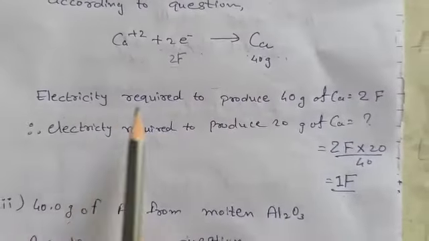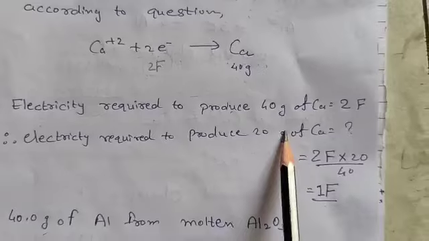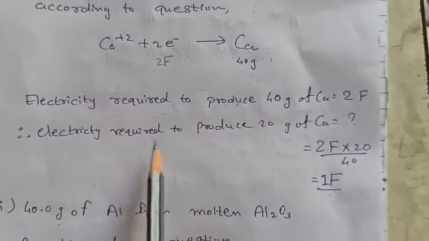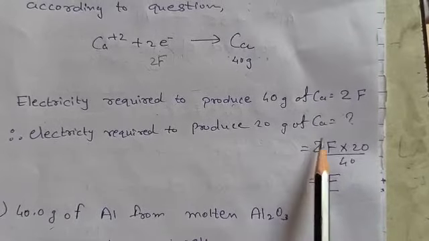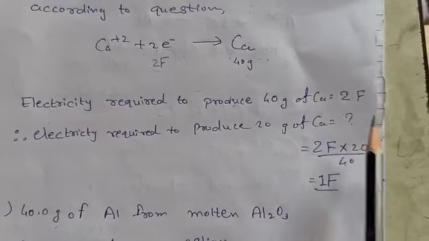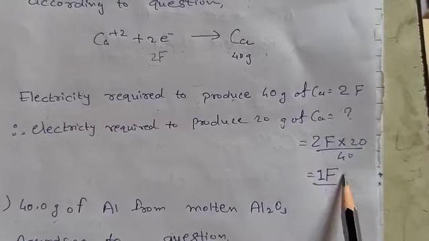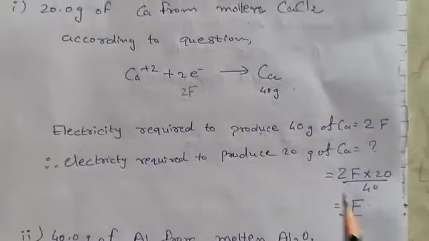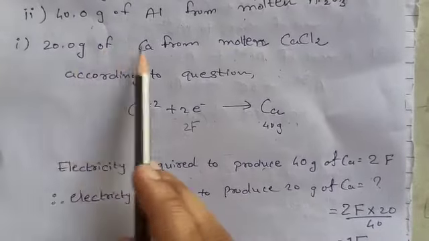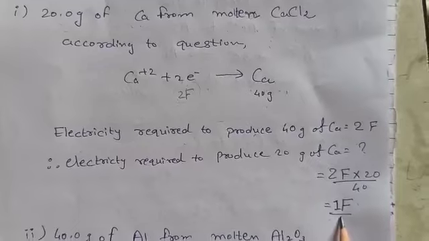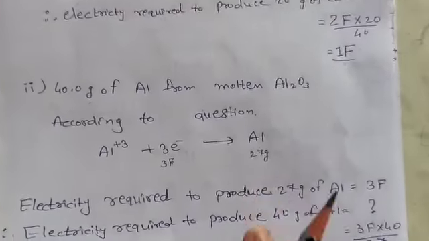So we can write that electricity required to produce 40 gram of Ca is 2 Faraday. Then electricity required to produce 20 gram of Ca is how much? Cross multiply them. So you will get 2 Faraday into 20 by 40. So 1 Faraday means for the deposition of 20 gram of Ca from CaCl2, we require 1 Faraday electricity, right?